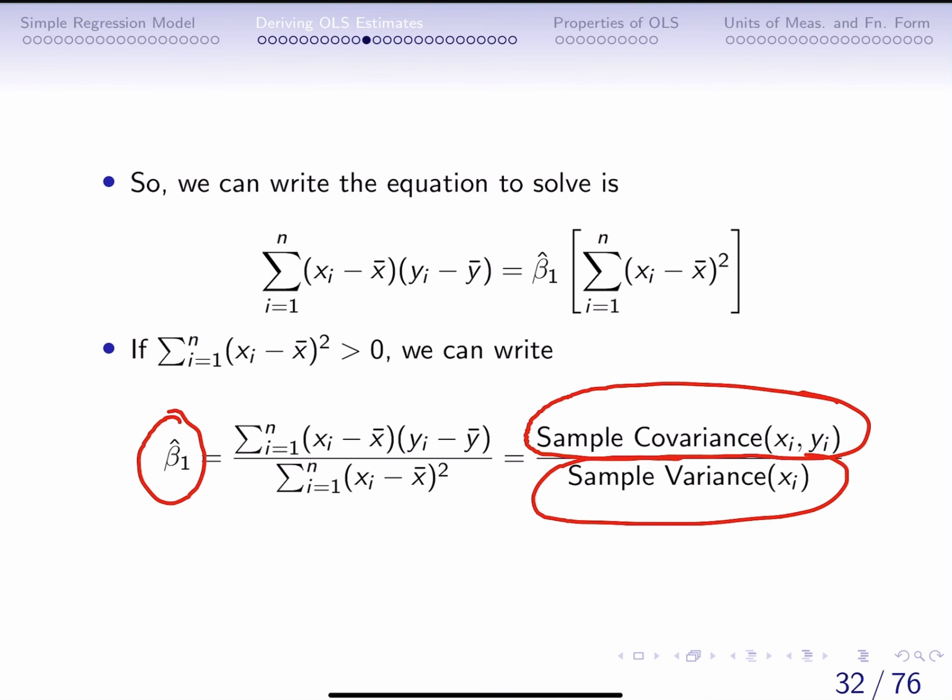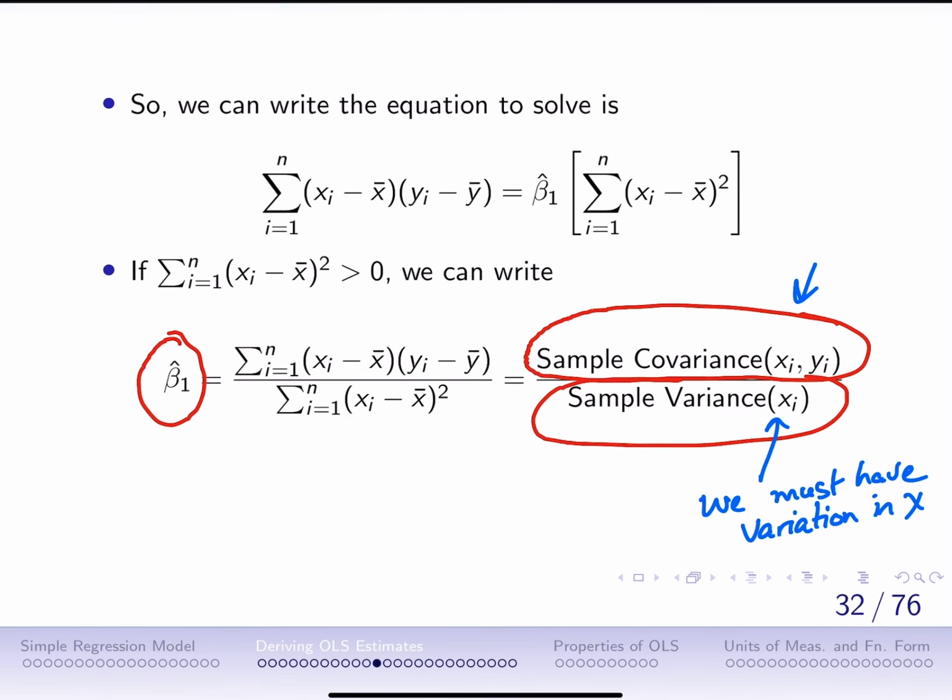In the denominator, we must have some variation in x. And in the numerator, we have the covariance between x and y.